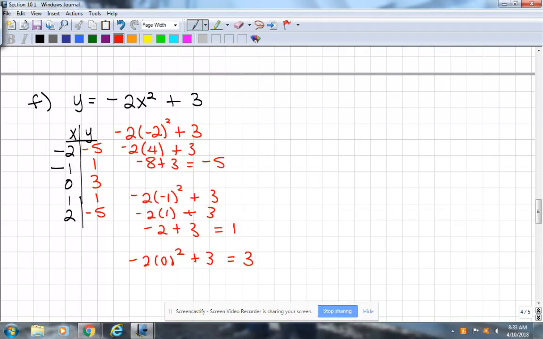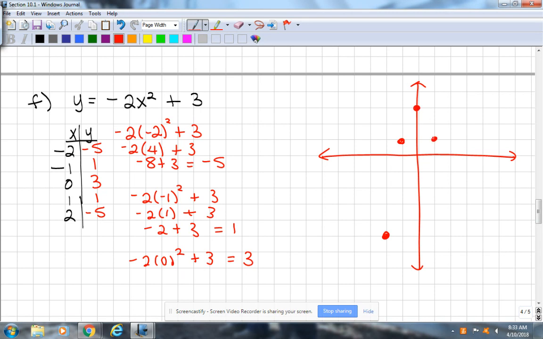So any questions on my table? All right, then we graph those 5 points. So left 2 down 5. Left 1 up 1. 0 up 3.